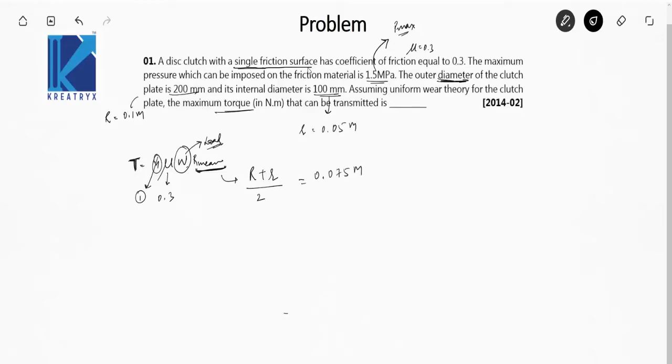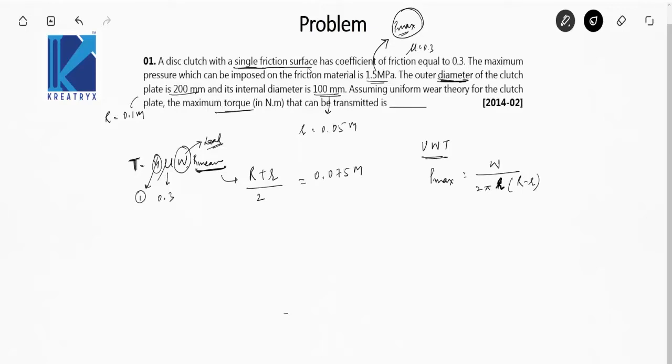So now we have to find W, and if we find W, we can find out the maximum torque that can be transmitted. You have been given the maximum pressure that can be imposed on the friction material. So according to UWT, that is uniform wear theory, maximum pressure is equal to load upon 2 pi r, small r, because on the internal diameter there will be maximum pressure, so 2 pi r into (capital R minus r).